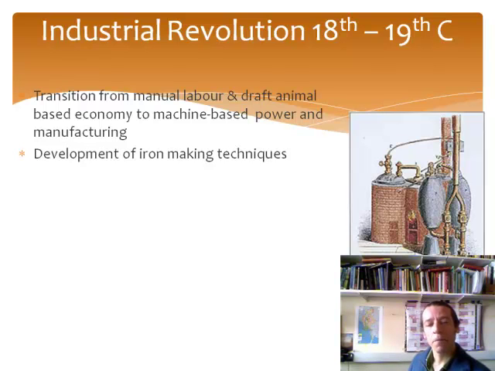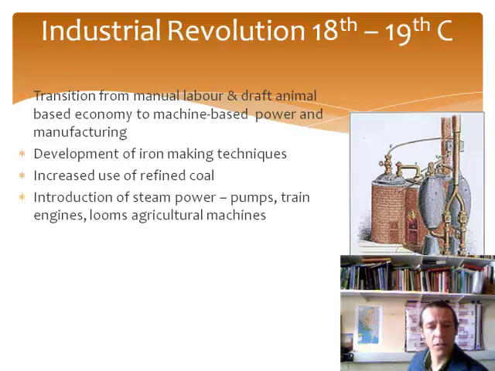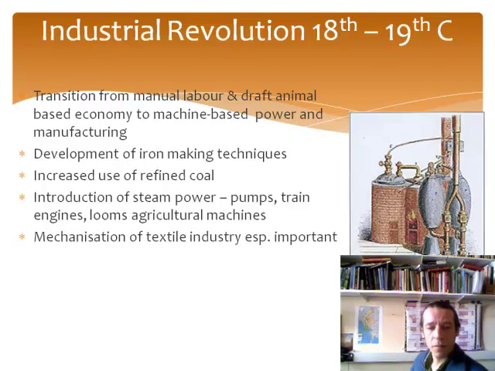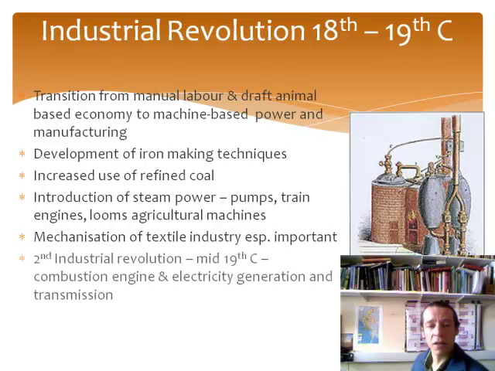That was driven by development of iron, metallurgy, stronger steels, the use of refined coal for high temperature metallurgy, introduction of steam power in steam pumps for drainage and irrigation, train engines, industrial looms for textile production, ploughing. Mechanisation of the textile industry is one of the critical factors of the Industrial Revolution. There's also been called the Second Industrial Revolution in the mid-19th century with the petrol combustion engine and electricity generation and transmission.